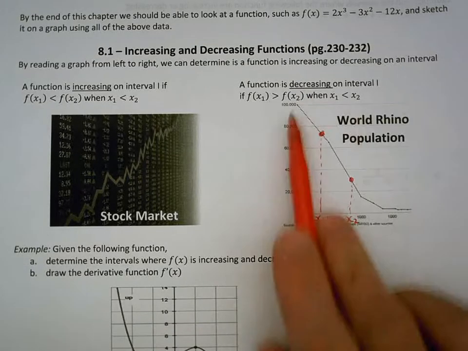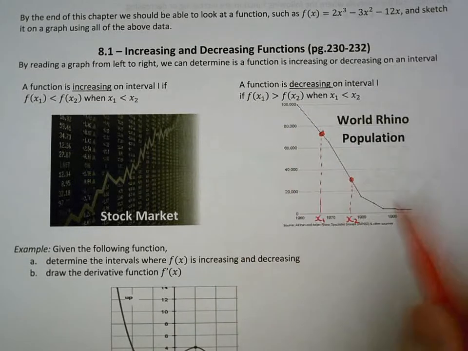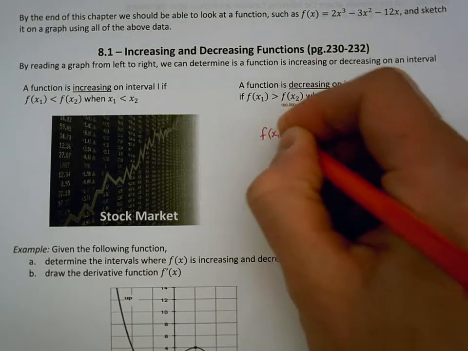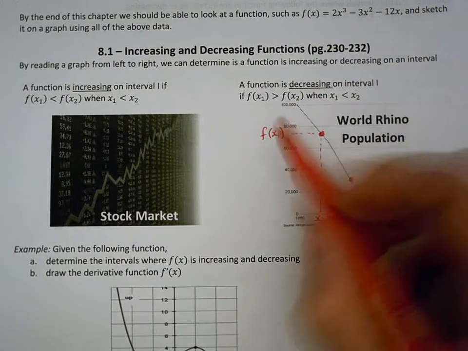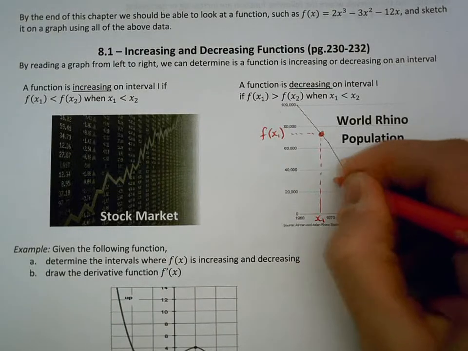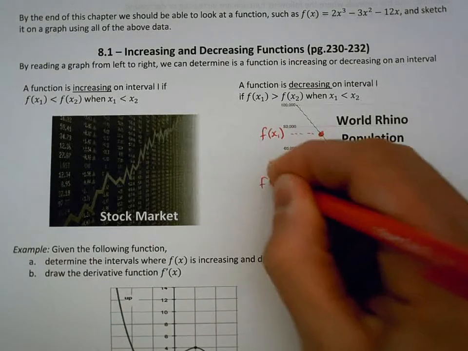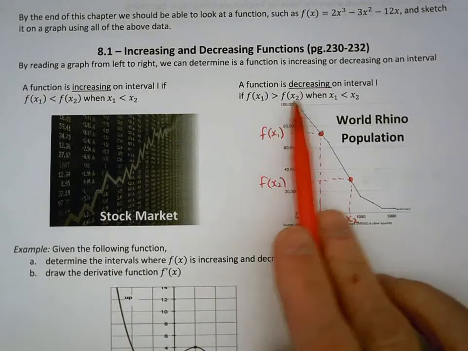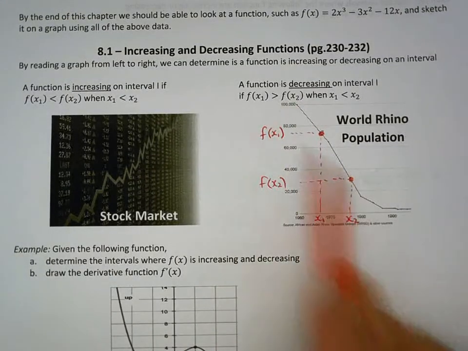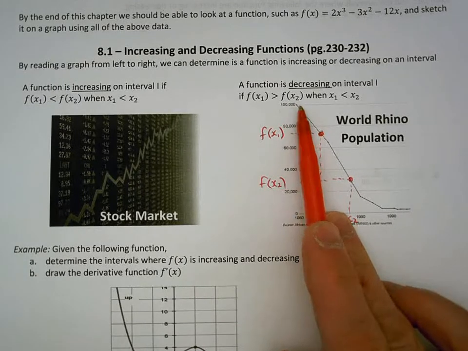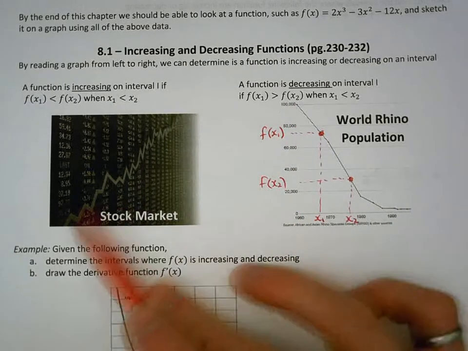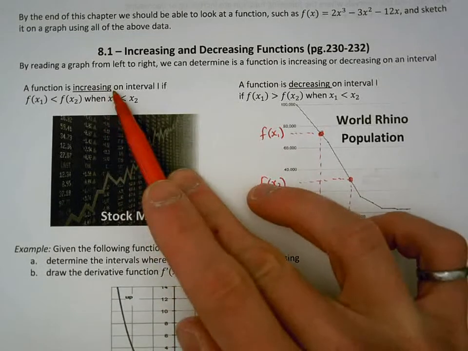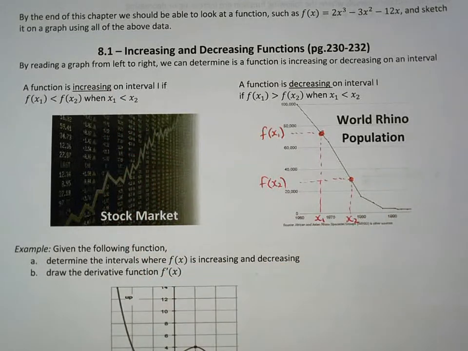And a function is decreasing if f at x1, that is the y value at x1, is greater than the y value at x2. So really this is just math speak for what we have known since grade 9. A graph that's going down or pointing down is decreasing. A graph that's going up is increasing. And this is similar language. It's just hard to draw in this picture.